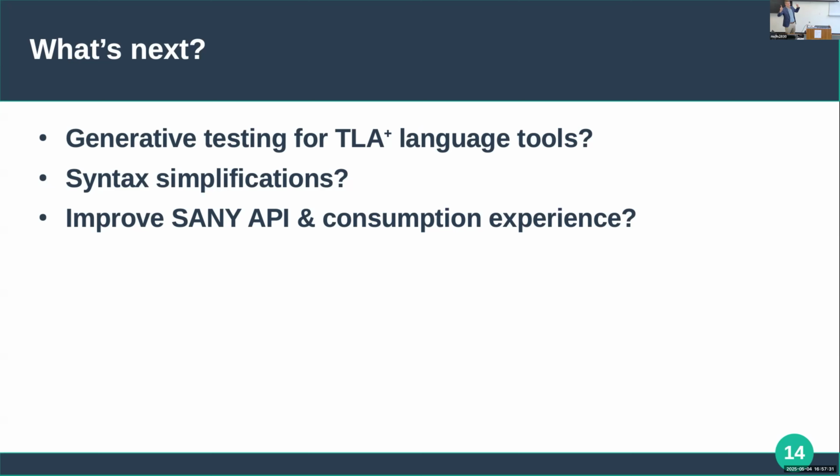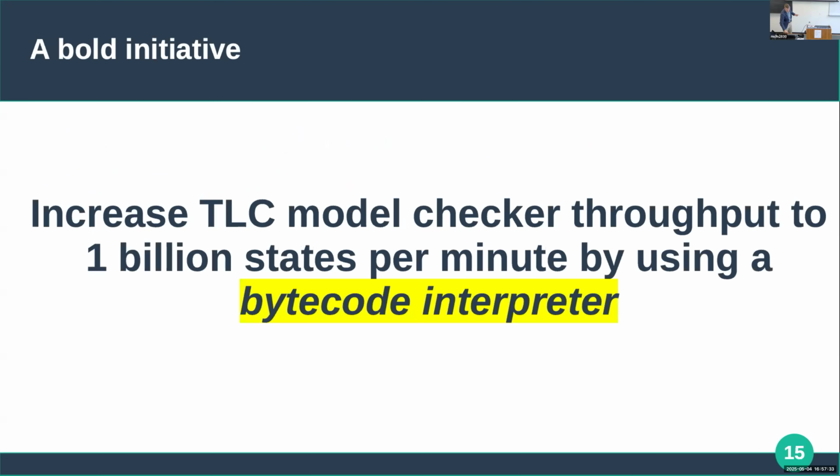Okay, and then there's one last thing. I'm going to end this with a bang. A bold initiative: increase the TLC model checker throughput to 1 billion states per minute by using a bytecode interpreter. Back in Murat's talk, we saw on the slide that TLC roughly clocks at about 1 million states a minute. I think they got 8 million states with 10 minutes of model checking time.